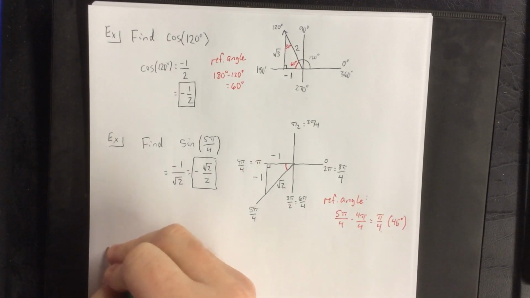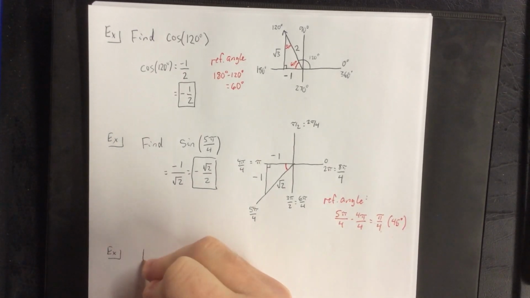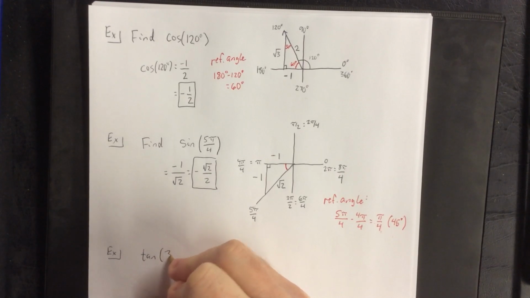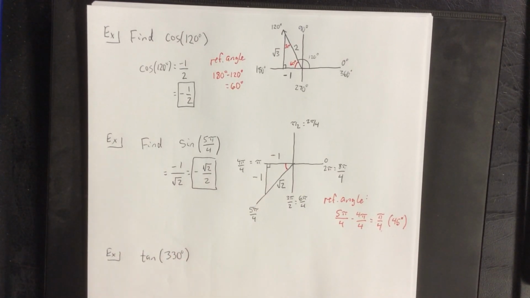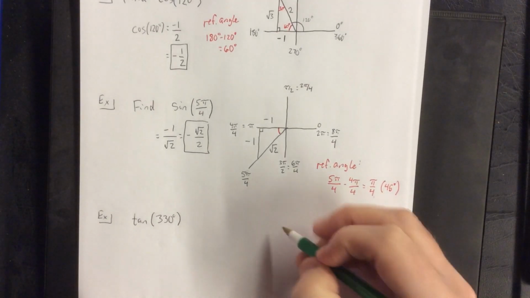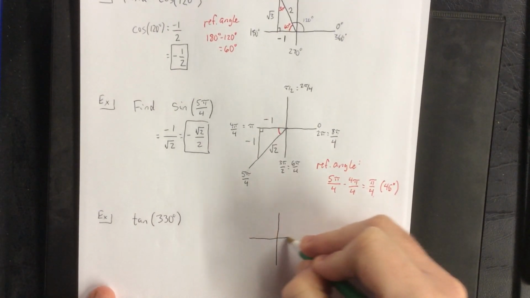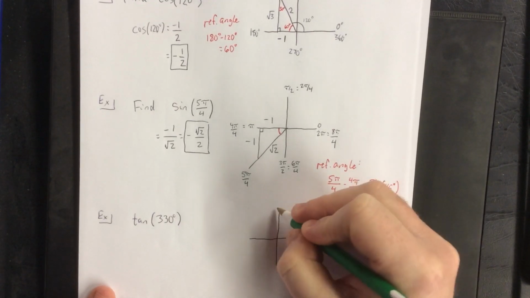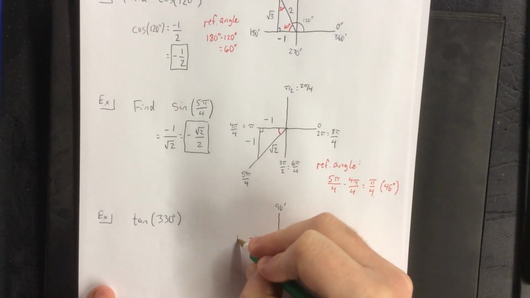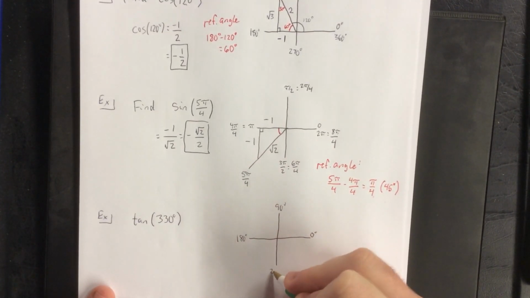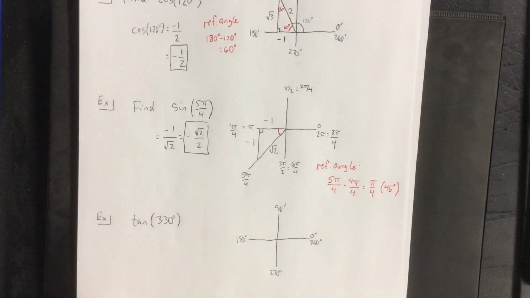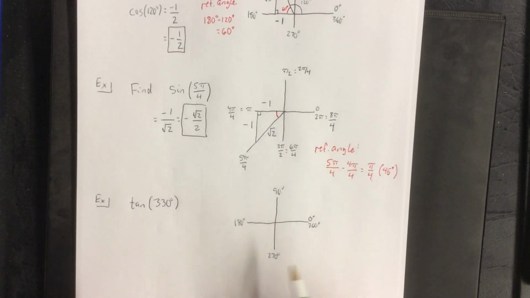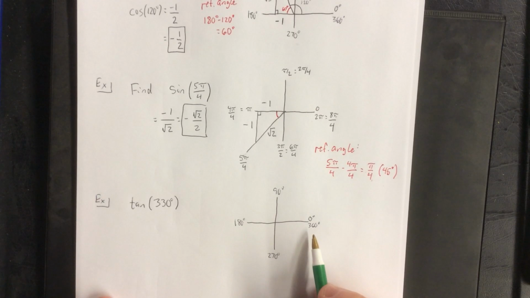And finally, one more example. I would like to find the tangent of 330 degrees. For the tangent of 330 degrees, once again, we're working in degrees. So we'll label all of our quadrantal angles, 0 degrees, 90 degrees, 180 degrees, 270 degrees, and finally 360 degrees. 330 degrees would be contained between 270 degrees and 360 degrees.